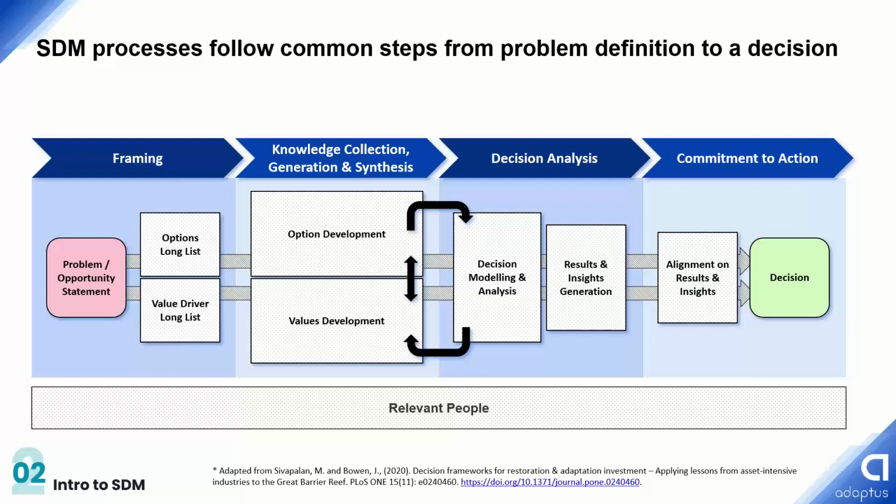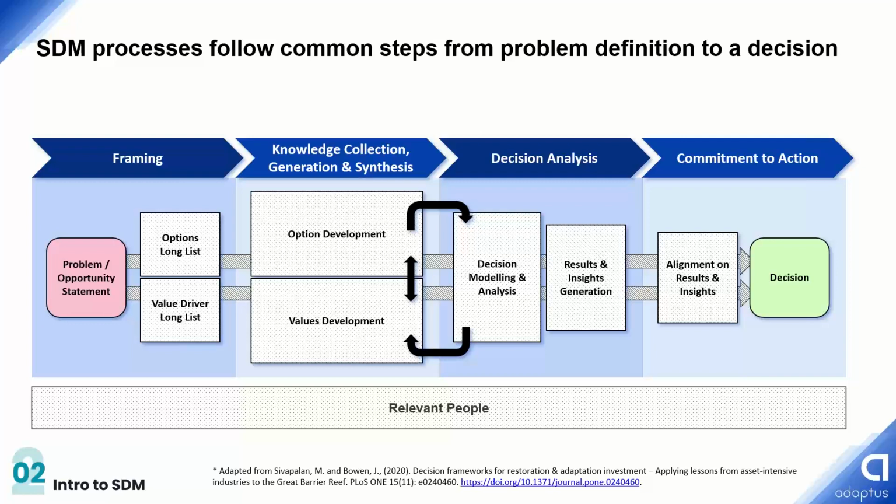There's the framing stage, which I mentioned earlier as one of the key attributes, where we're defining the problem or the opportunity, coming up with a long list of how we might solve that problem, and identifying all the different objectives and value drivers that are relevant to the performance of those options. There's some form of knowledge generation, a collection and synthesis stage, both in terms of characterizing the choices we have and in understanding those relative values, trade-offs, and consequences.